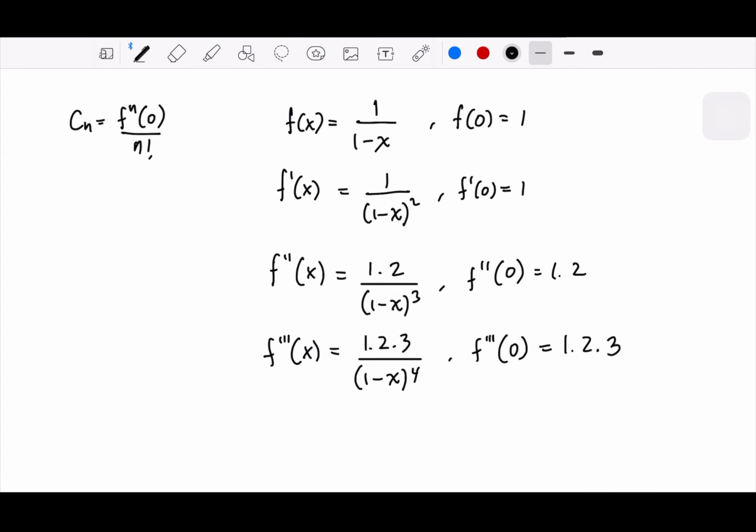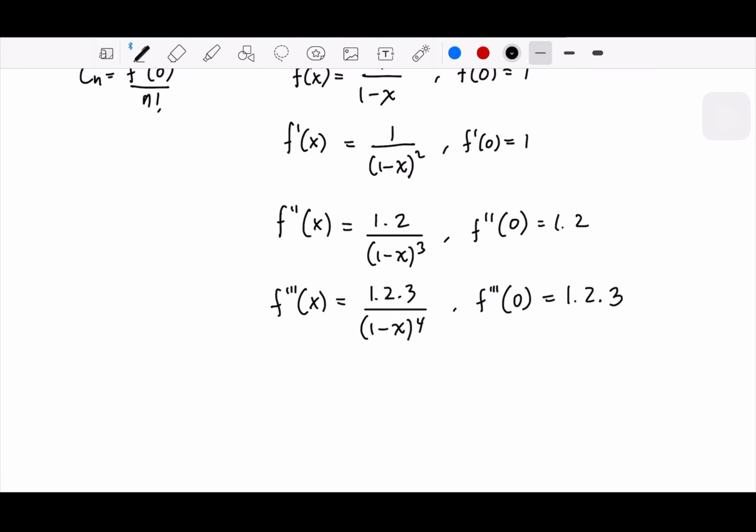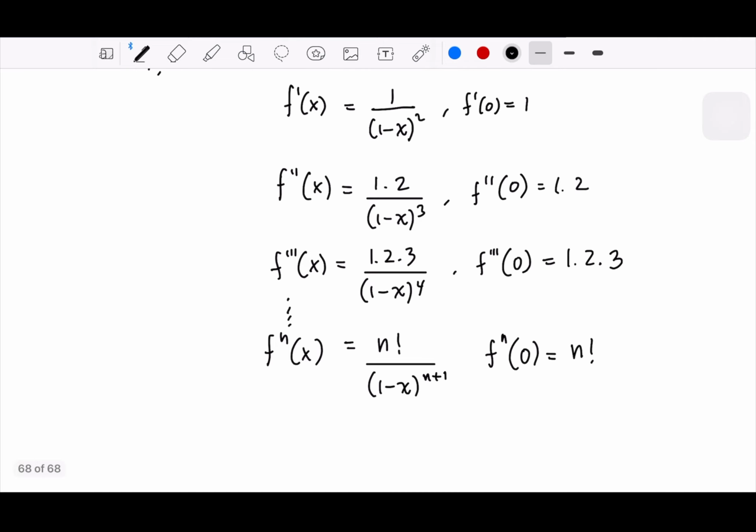So in general, we have n factorial, and the denominator will be n plus 1. From here we see that this depends on n, so it's n factorial.